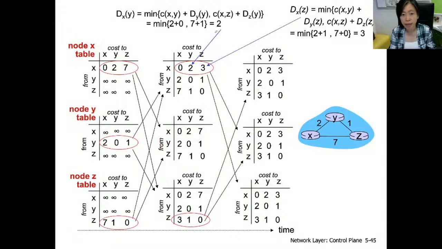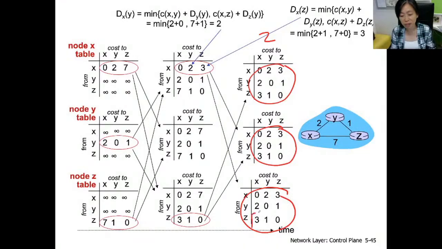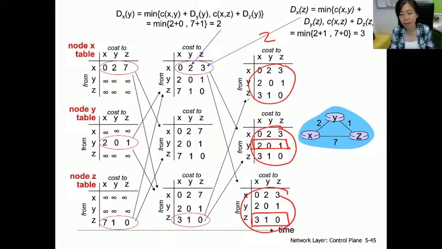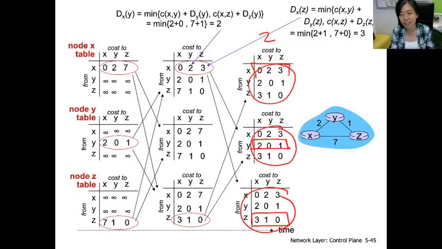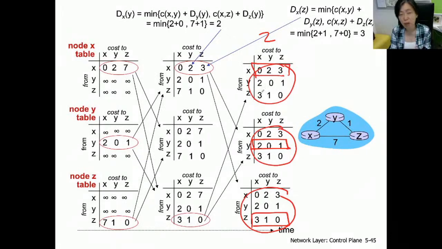You see that in cycle number 2, x, y, and z actually converge. The view is consistent, and they all converge to the least cost path. So in this very simple example, we see distance vector using the Bellman-Ford equation works really well, and converges in 2 cycles.